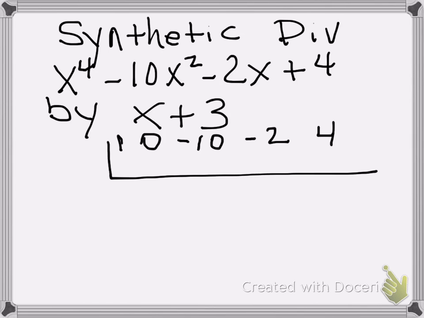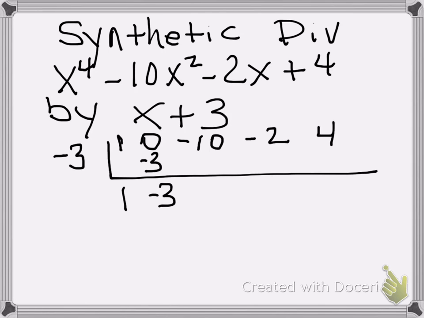Now take your divisor, x plus 3. You always divide by the 0. So if x plus 3 equals 0 was an equation, the 0 would be negative 3. So that's what we divide by. Now the way you do this is you take your 1, your first term, and you just drop it down. And then you multiply. Negative 3 times 1 is negative 3. Then you combine your terms. 0 and negative 3 is negative 3.